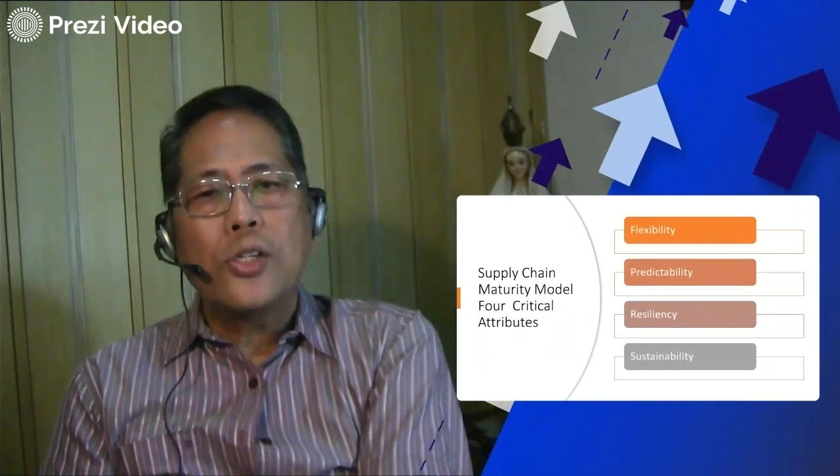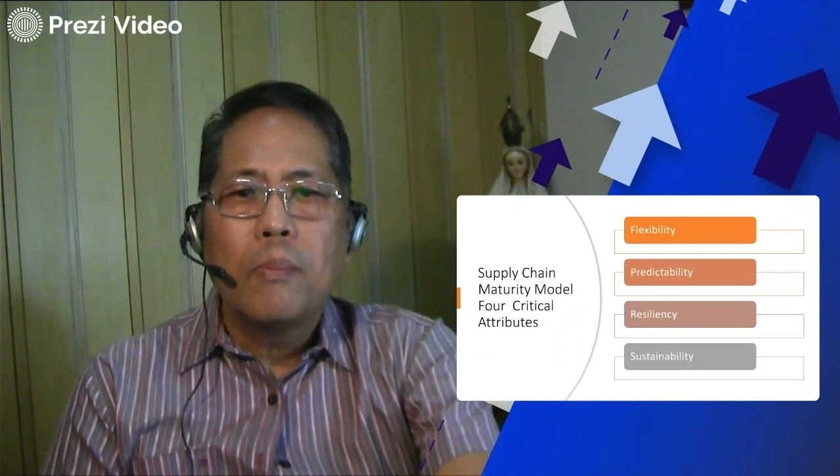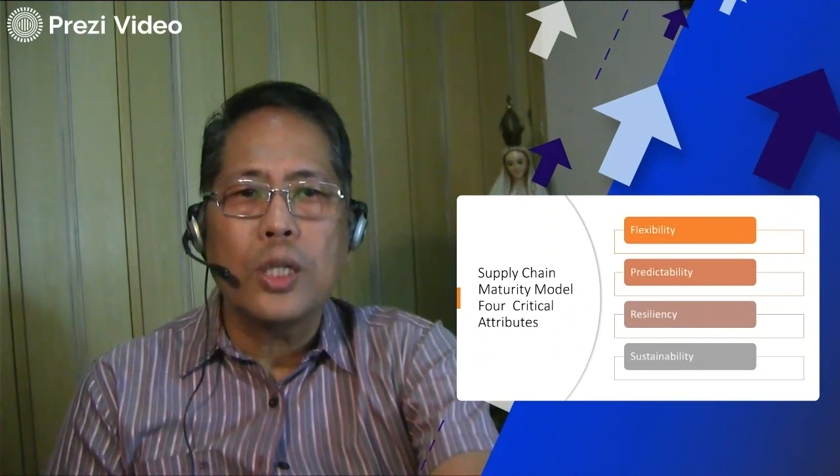How well a supply chain responds to today's business challenges is revealed by using the supply chain maturity model.